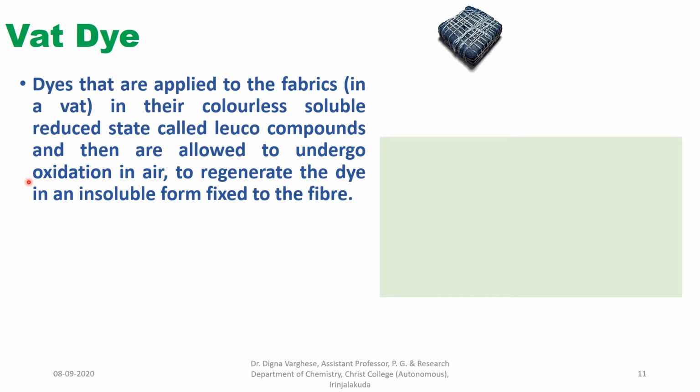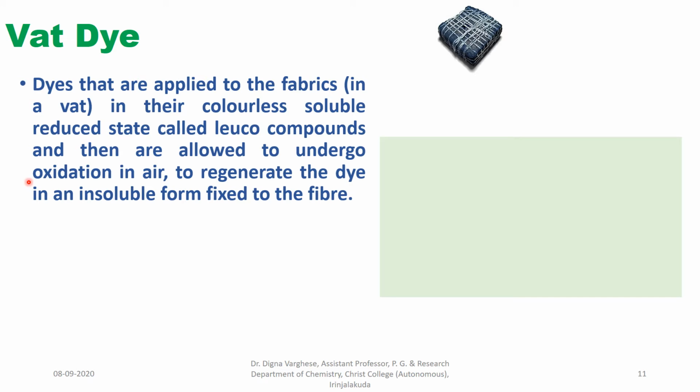When it undergoes oxidation in air, that means when the fabric is dried in air, it will undergo an oxidation reaction, and regenerate the dye color in an insoluble form.